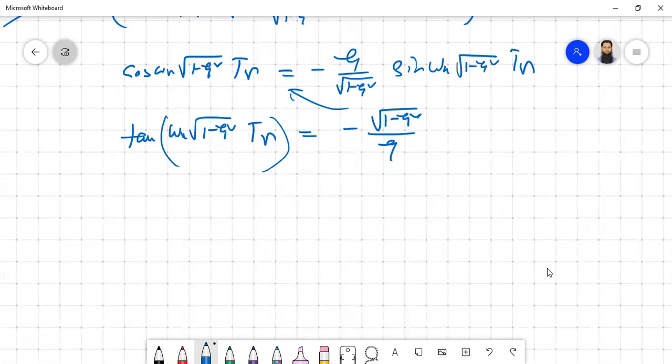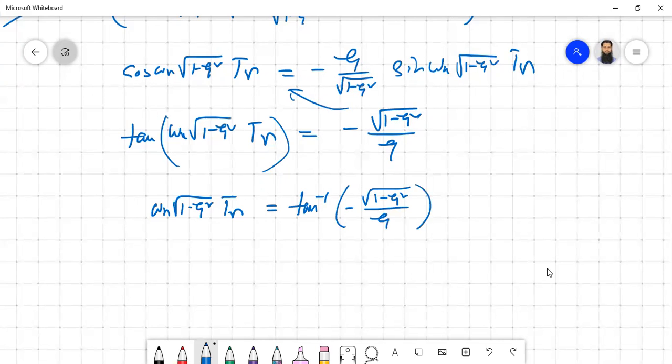So what we can write is omega n root over 1 minus zeta square tr should be equal to tan inverse of minus root over 1 minus zeta square by zeta. Here we can multiply both sides by omega n, numerator and denominator.